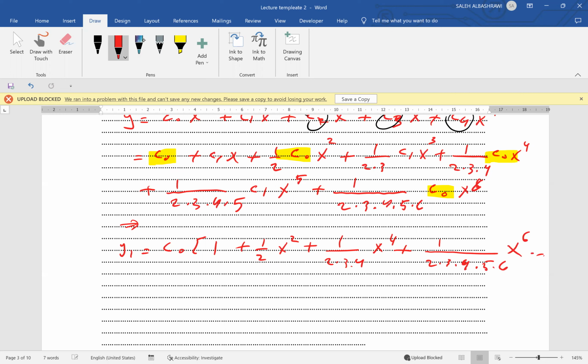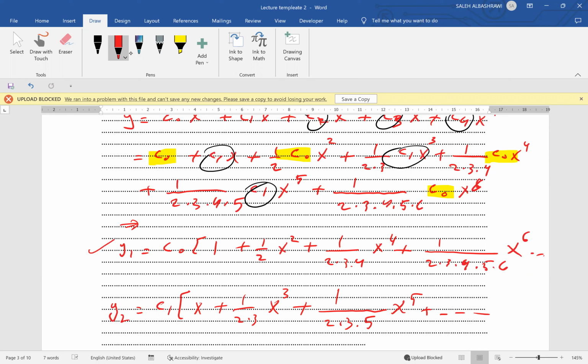For the second one, if we take C1 as a common factor, y2 will be C1 multiplied by x plus 1 over 2 times 3 x to the power 3 plus 1 over 2 times 3 times 4 times 5 x to the power 5 plus, I keep going in this way.